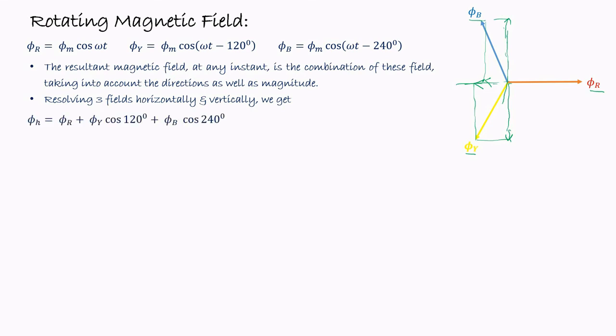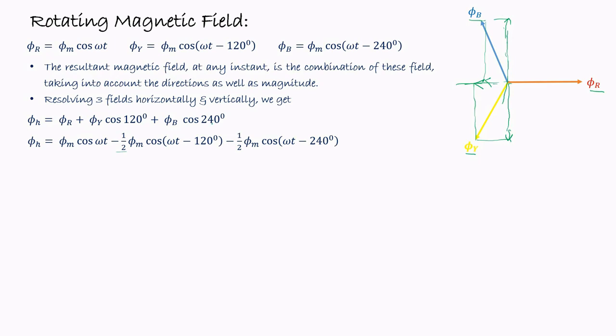So the horizontal flux can be represented as phi h, that is equal to phi r plus phi y cos 120 degree plus phi b cos 240 degree. Now put the value of phi r, phi y, and phi b in this relation. So it will be phi max cos omega t minus phi max cos(omega t minus 120 degree), and the value of cos 120 degree, that is minus 1 by 2, is here.